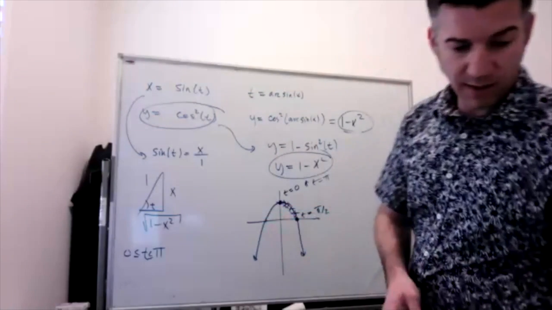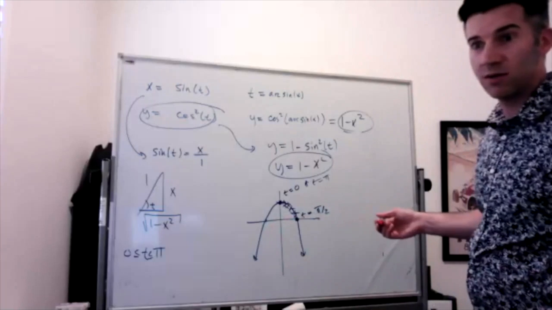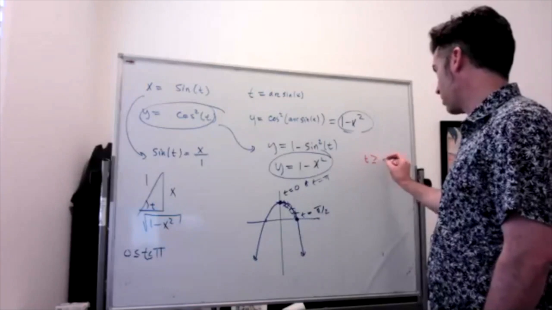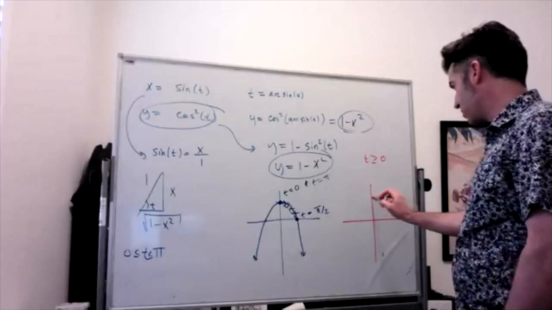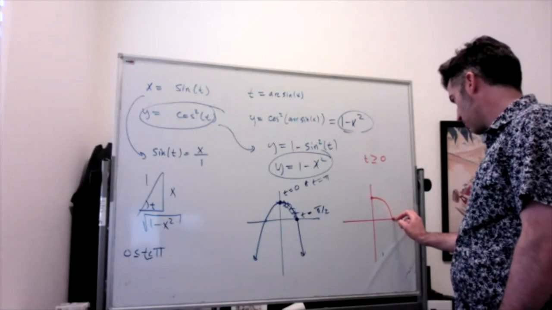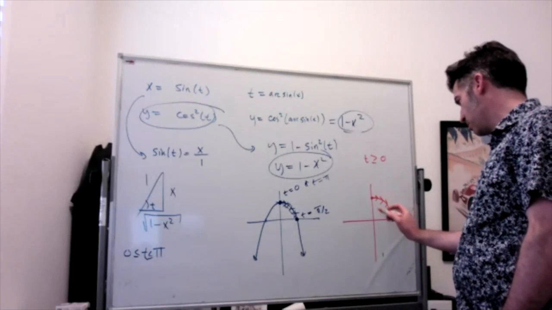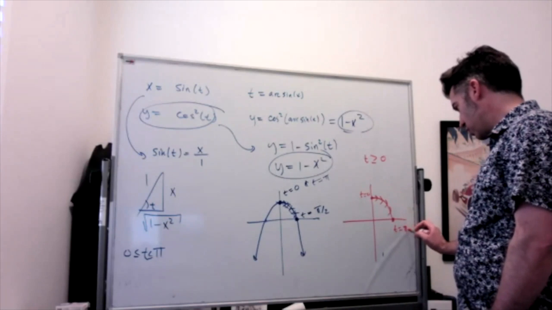And on the other hand, if we let t just go from 0 onwards, so I said t was just greater than or equal to 0, we would still start here. We go here, so we go this way, right? t equals 0 to pi over 2.